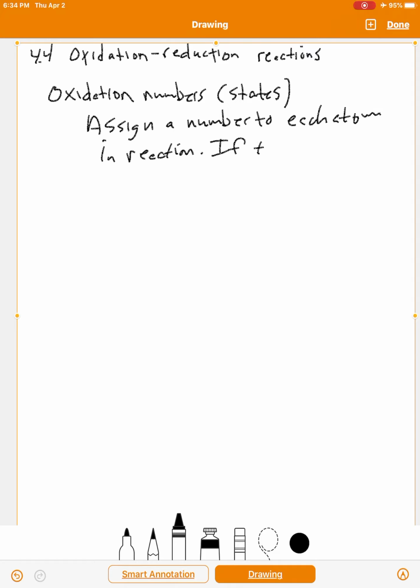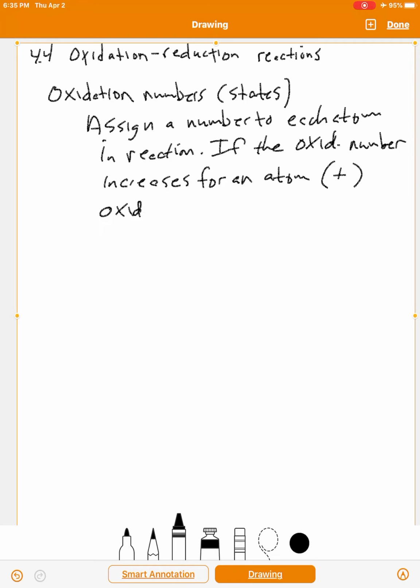If the oxidation number increases for an atom, meaning it becomes more positive, then it's oxidized, or oxidation is the process it undergoes.